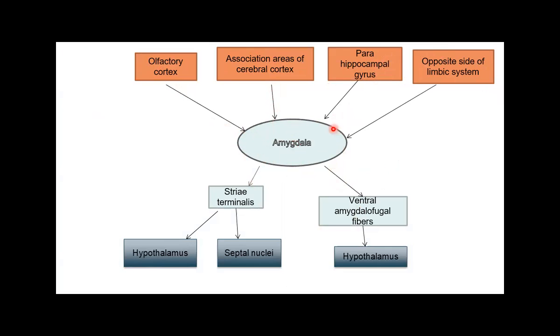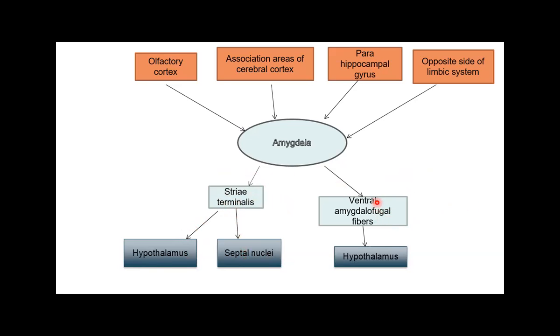The major outputs of the amygdala are the stria terminalis and the ventral amygdalofugal fibers. Of these two, the stria terminalis is the major output of the amygdala. It finally relays in the hypothalamus and in the septal nucleus.